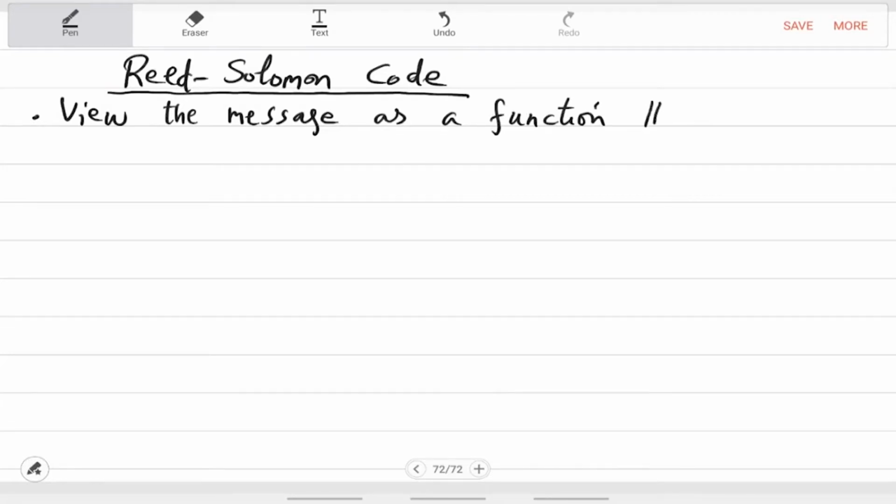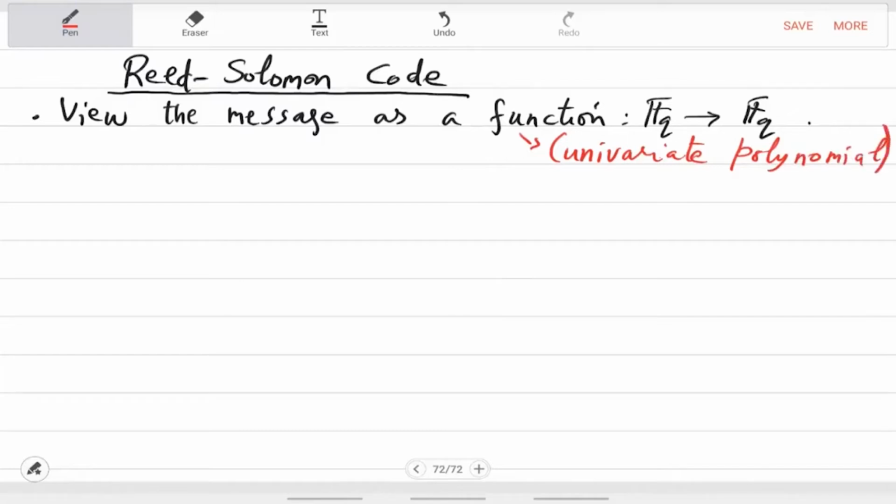So it's a function from F_q to F_q. Okay, and to keep things simple, obviously this function will be a univariate polynomial. But there are variants of Reed-Solomon where this function may be multivariate. Okay, so that is called Reed-Muller, etc. Probably we will not see that in this course, but it's an extension of this basic idea of Reed-Solomon.